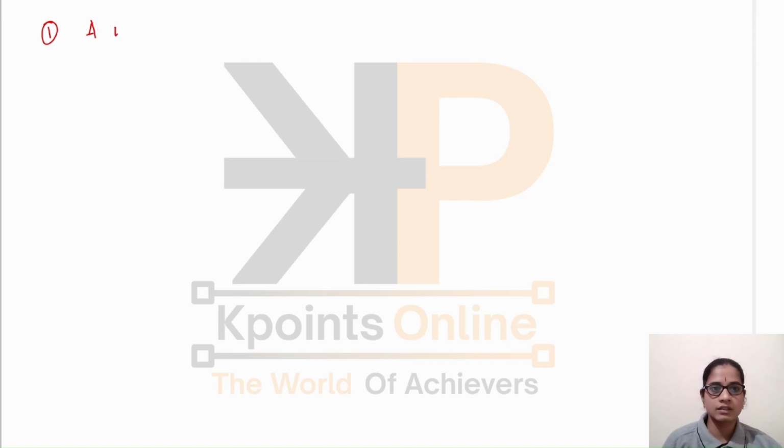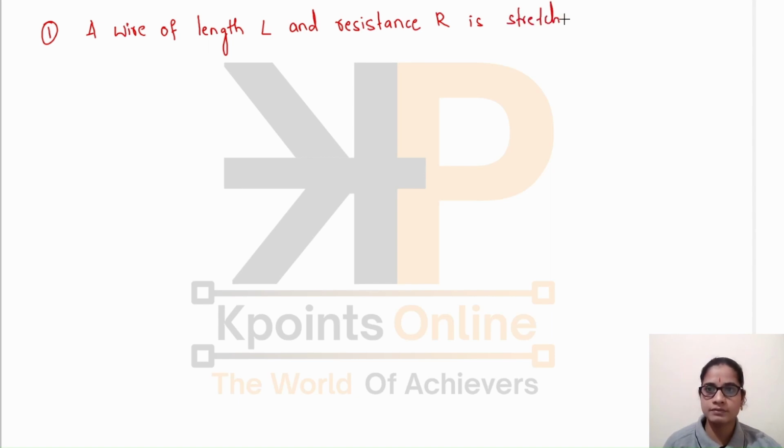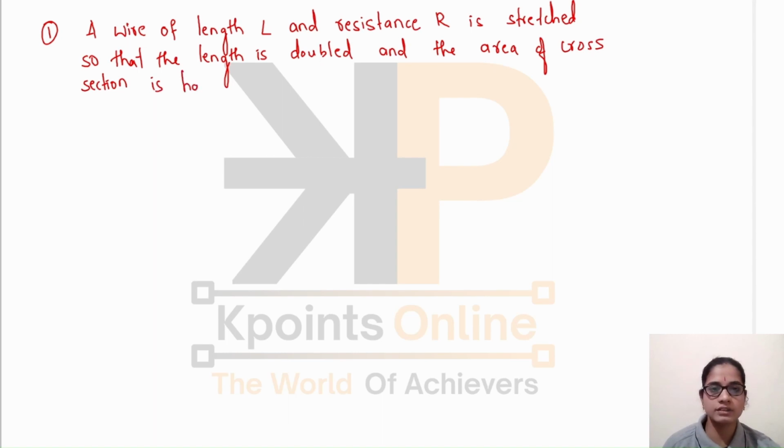The first question: a wire of length L and resistance R is stretched so that the length is doubled and the area of cross section is halved.